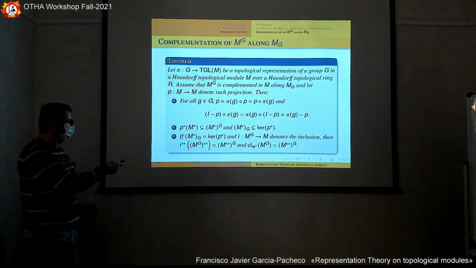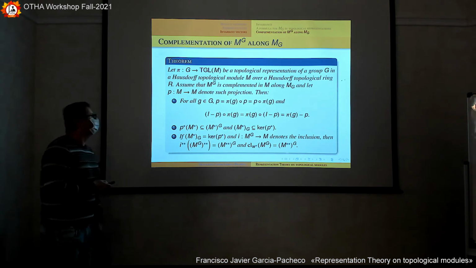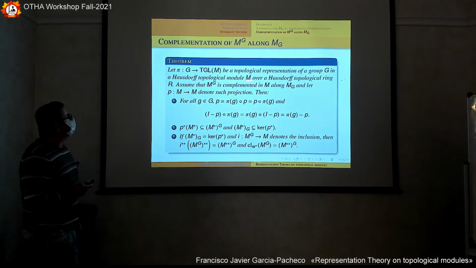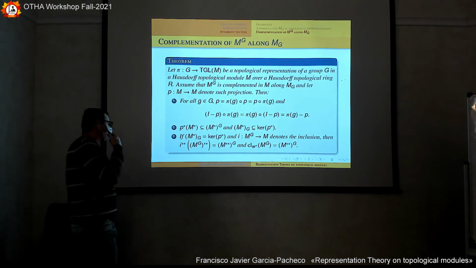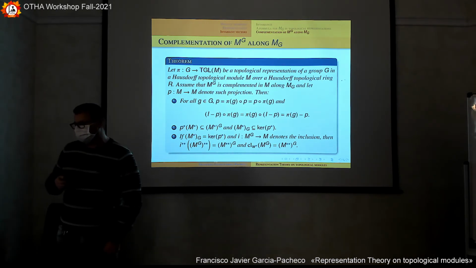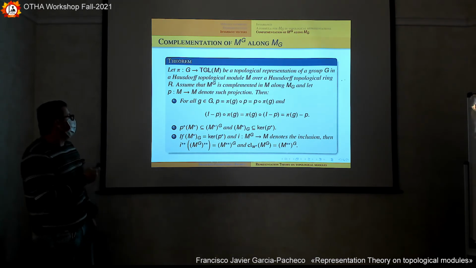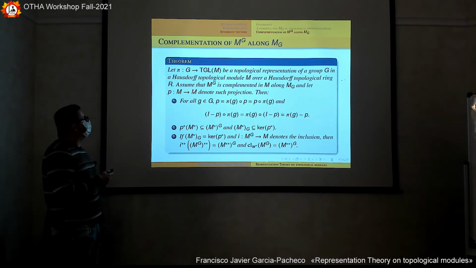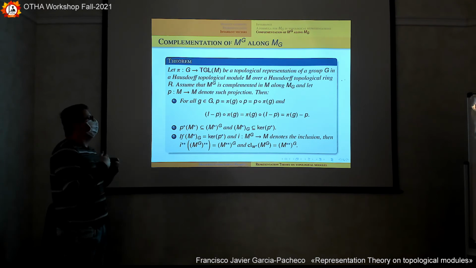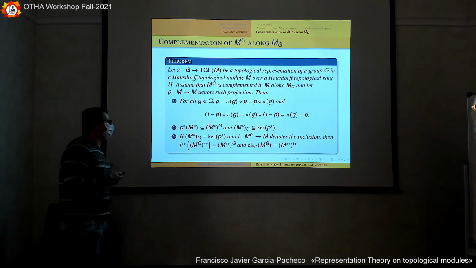And finally, the complementation. We want to accomplish the complementation of M sub G along M sub G. So what we did is we started with a necessary condition. I mean, we assumed that they were complemented and tried to find out what's going on.